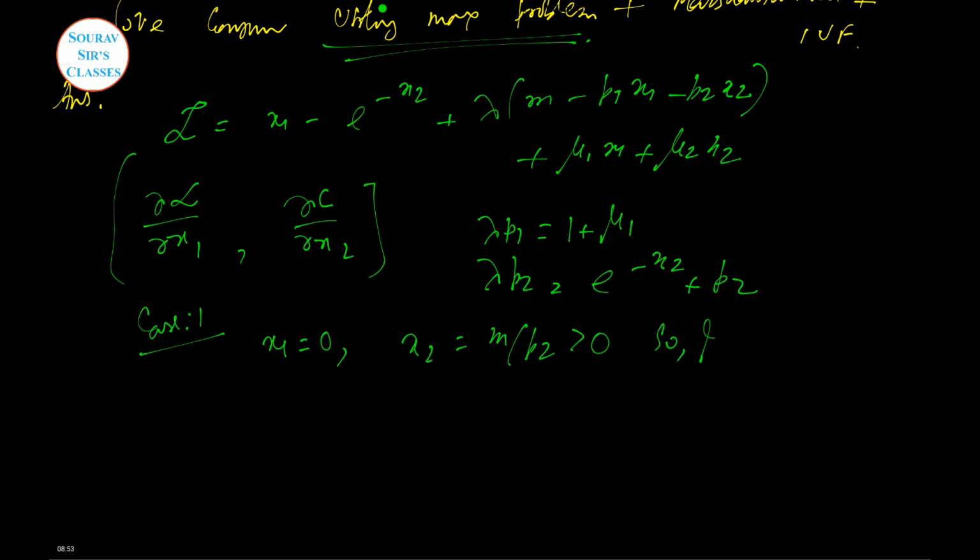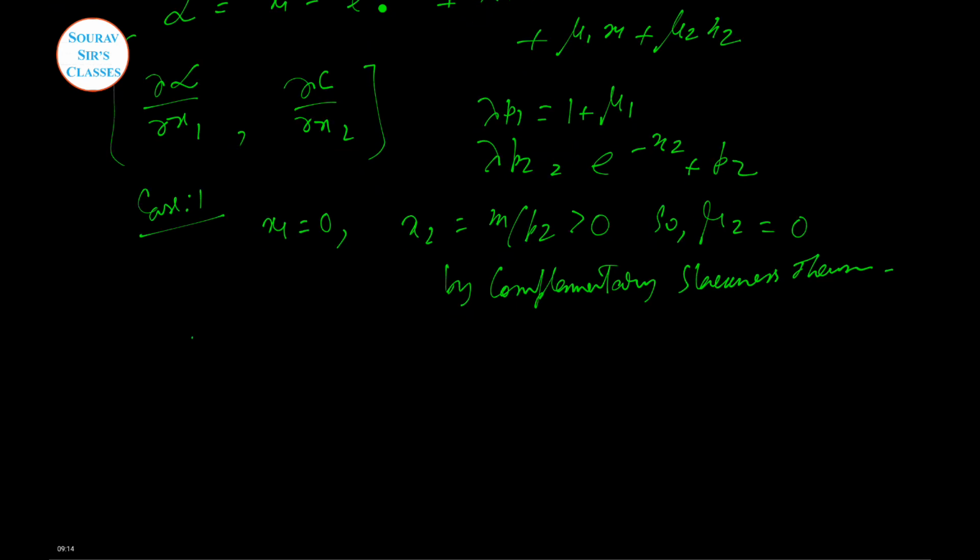So mu2 equal to 0 by the complementary slackness theorem, which you will see in our parallel video. Okay, so from the Lagrangian, lambda will come.